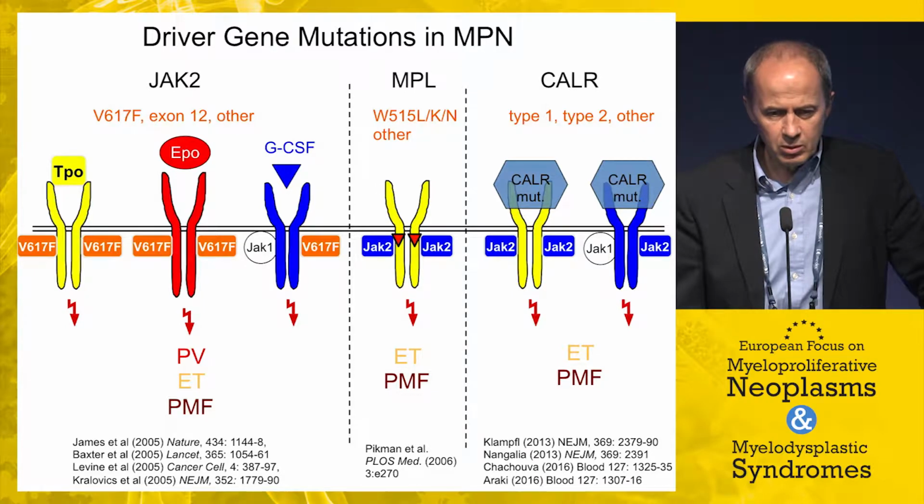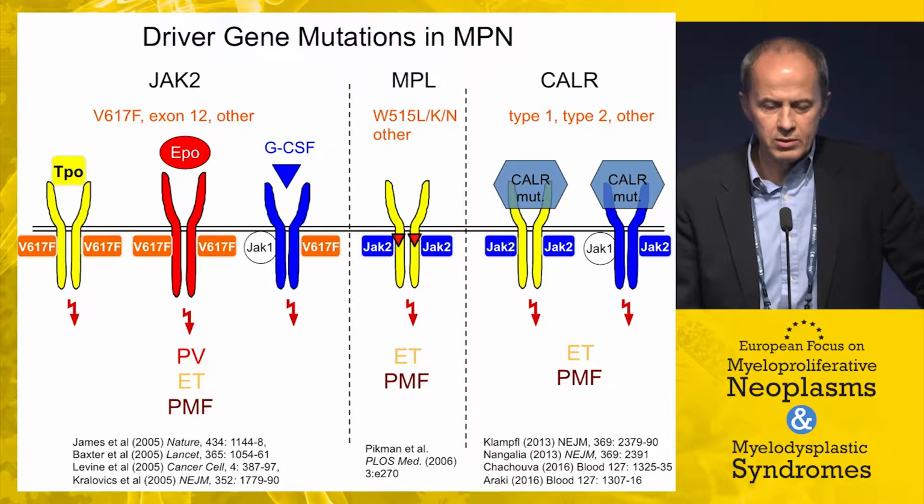You can see that all these 3 receptors signal through association with JAK2, the Janus kinase, which is necessary for signaling through all 3 types of receptors.